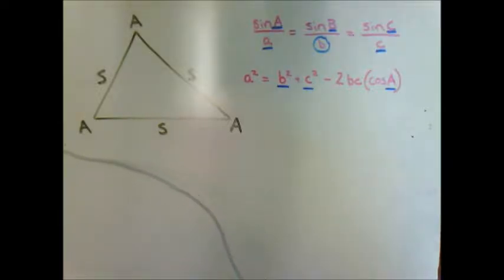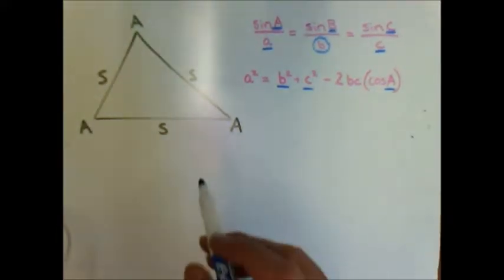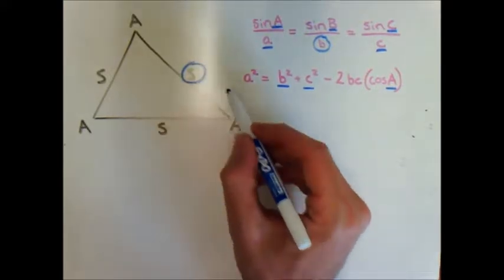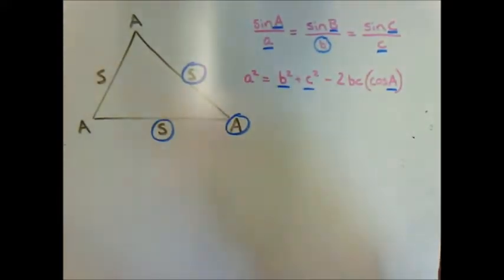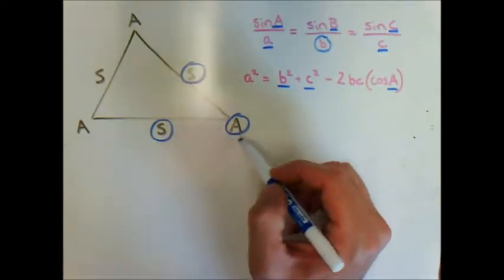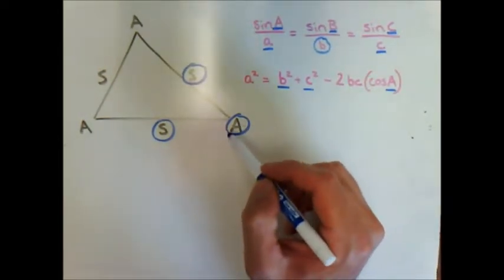So the short form SAS means that you have been given 2 adjacent sides and their contained angle. So if you look around your triangle, doesn't matter which way you go around, if you have SAS, then you have 2 sides and their contained angle, so the angle that falls in between them.